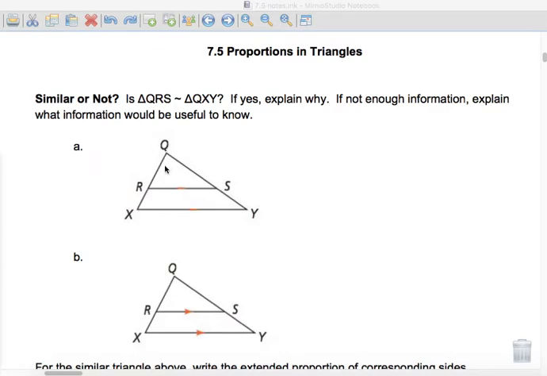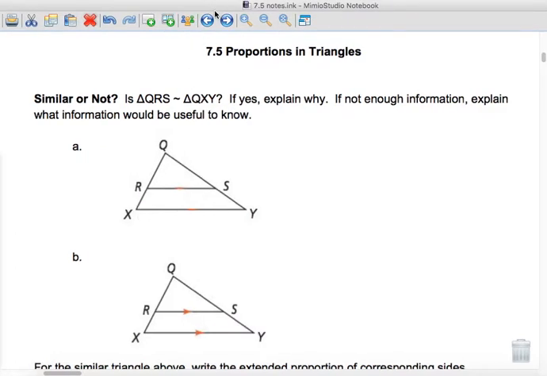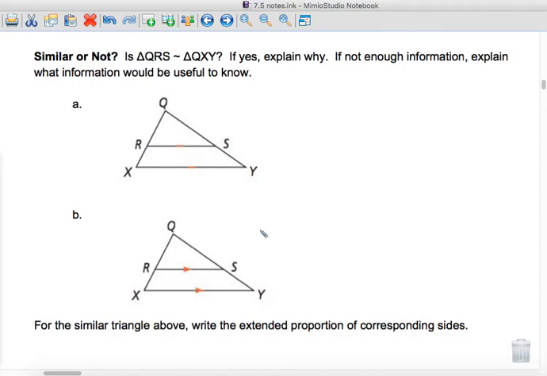The triangle here, QRS, and the triangle QXY at the top here cannot be shown to be similar. But if you look at the one below, this QRS and this QXY are similar because this diagram has this extra little bit of information here.